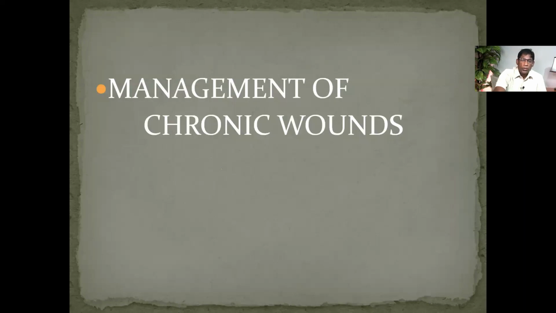So, management of chronic wounds. It is important to get the causes of chronic wounds. Then you can deal with the cause, and most of the wounds heal with it. Next, as I said, in acute wounds there is a sequence of healing, right?